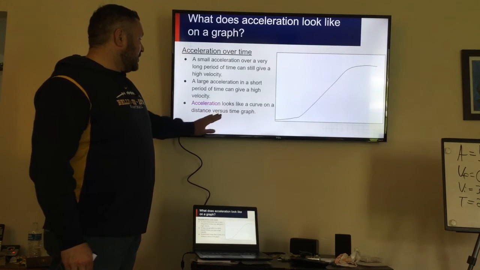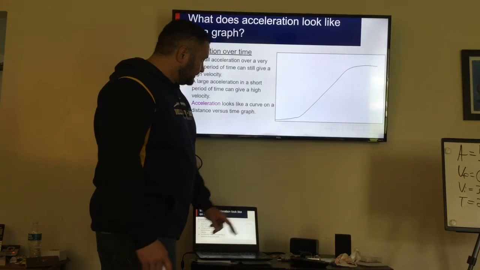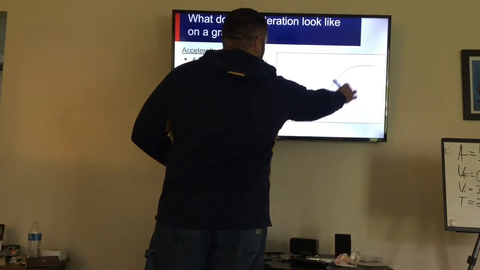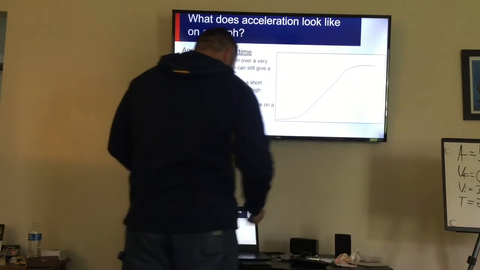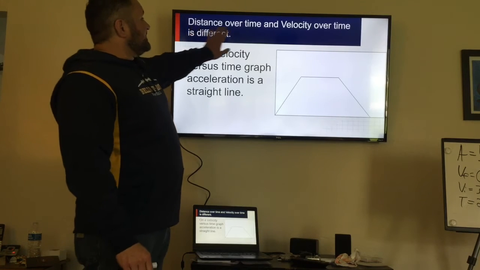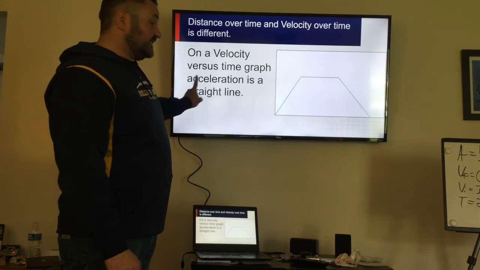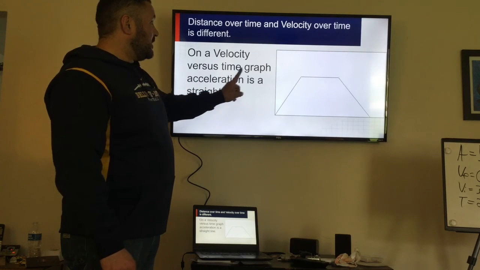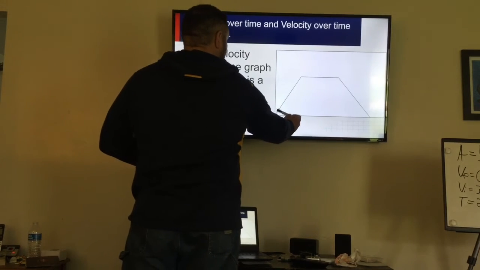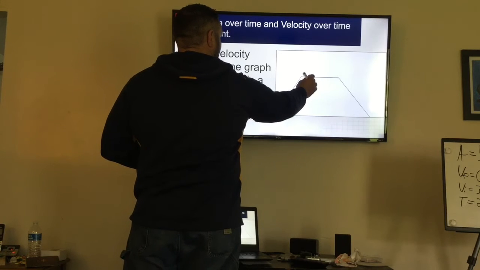When you see this curve on a distance versus time graph, that's what we're talking about here. In this flat area, there is no acceleration. That's constant speed. Distance over time. Now on a velocity over time graph, this is showing you that it is speeding up as the slope goes up.